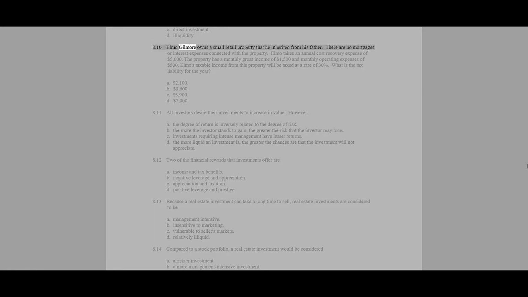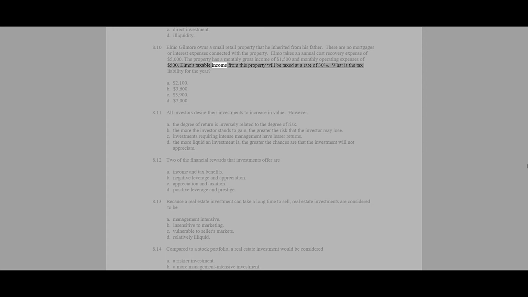8.10 Elmo Gilmore owns a small retail property that he inherited from his father. There are no mortgages or interest expenses connected with the property. Elmo takes an annual cost recovery expense of $5,000. The property has a monthly gross income of $1,500 and monthly operating expenses of $500.